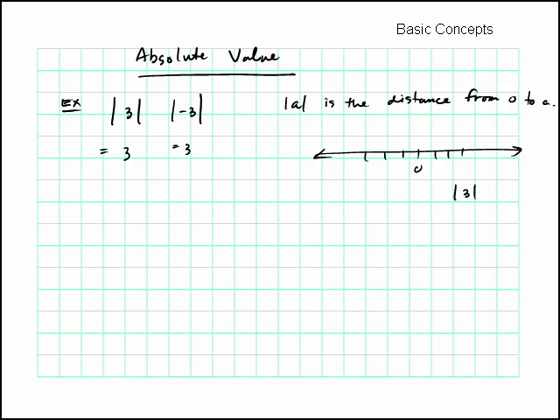Well, here's 3 on the number line. How far away is 3 from 0? Well, it's this far away, 3 units away. Distance is always positive. So that's why the absolute value of 3 is 3. The absolute value of negative 3, well, here's negative 3 on our number line. How far away is negative 3 from 0? Well, it is the distance 3 as well. Distance is always positive. And that's why the absolute value of negative 3 is also 3.